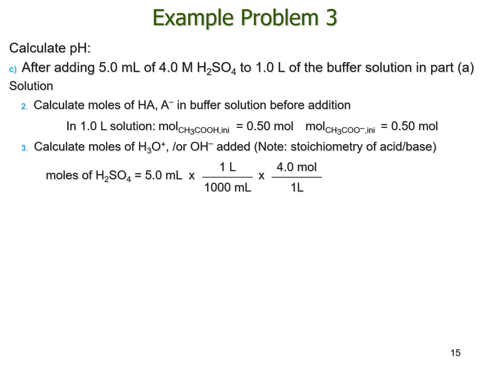So we should be able to calculate the moles of H2SO4. We start with the 5.0 milliliters. We need liters, so that liters can be cancelled from the molarity in order to get the moles. Throughout the calculation, we found it's 0.020 moles of H2SO4.